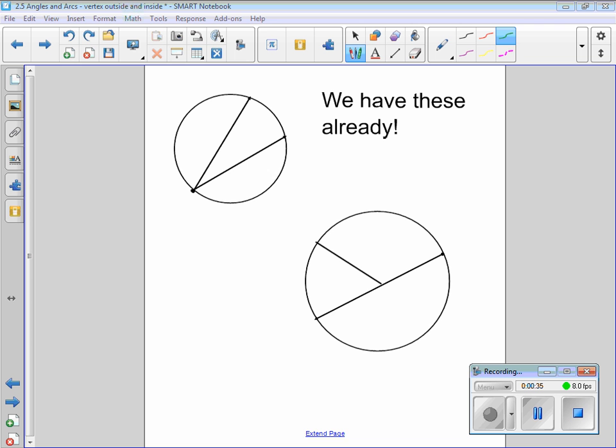Let's move on. So far, when it comes to arcs and angles, we have two scenarios already covered. An angle here has a relationship to the arc that it cuts. The inscribed angle equals half the arc that it cuts or intercepts.